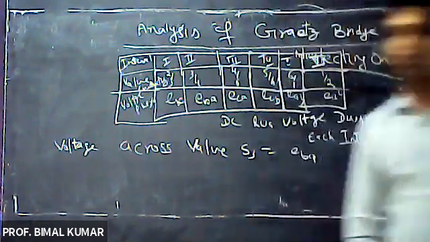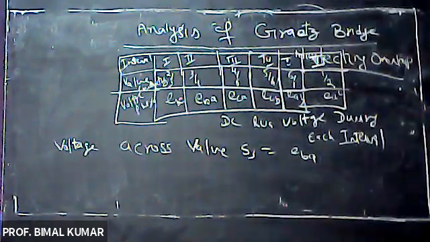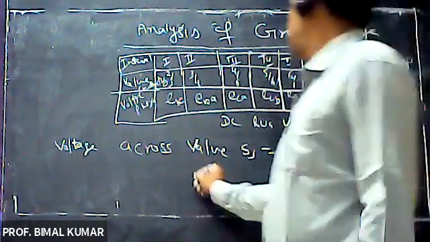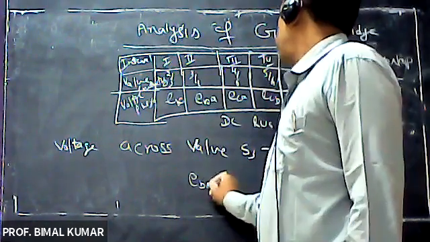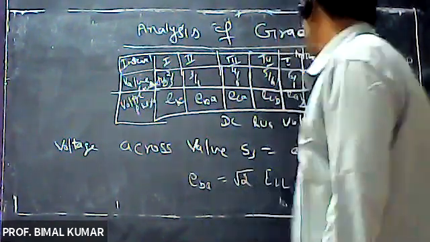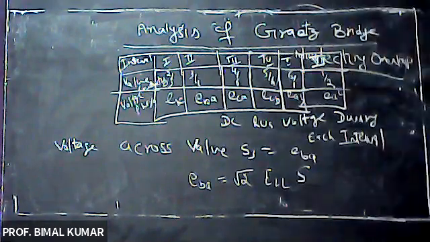And this will be represented by EBA equal to root 2 ELL sine omega t.